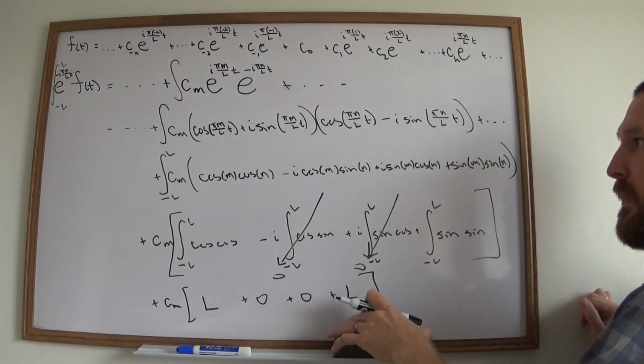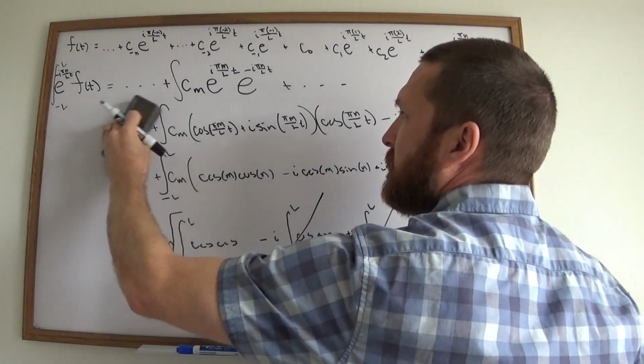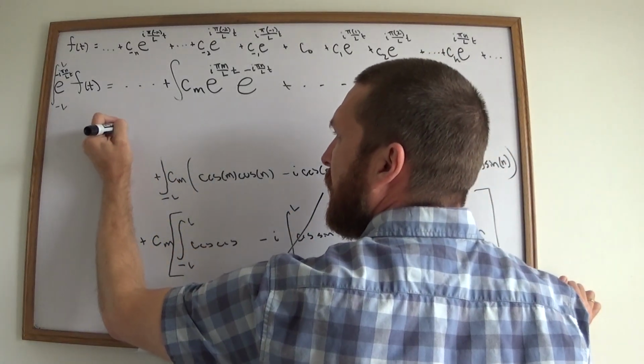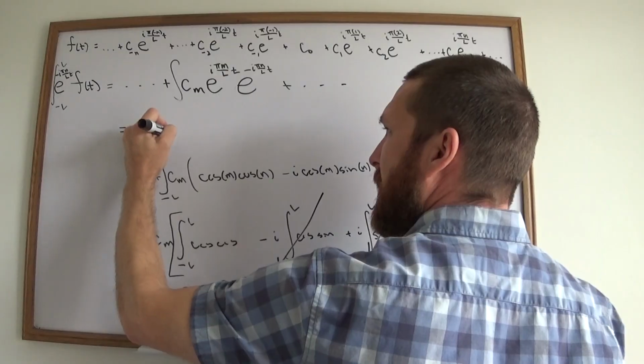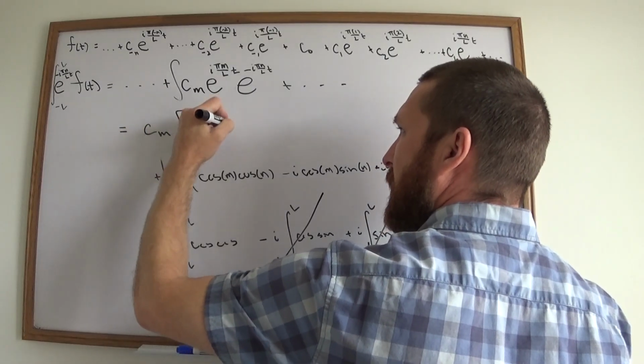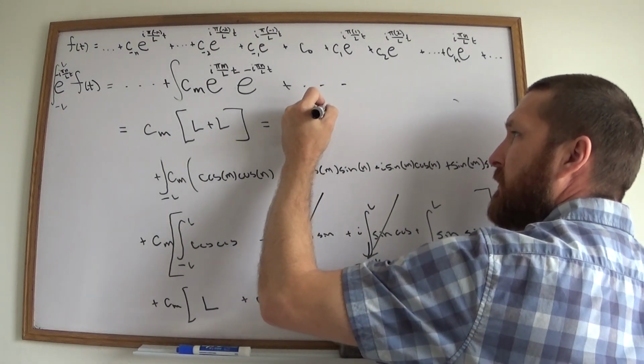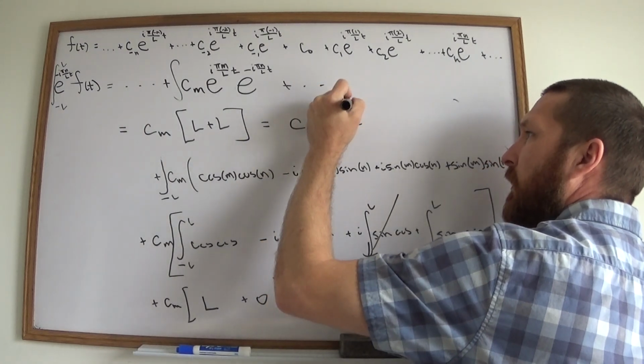So let's go ahead and rewrite that right here. Getting that's equal to Cm times L plus L, which is the same thing as Cm times 2L, right there.